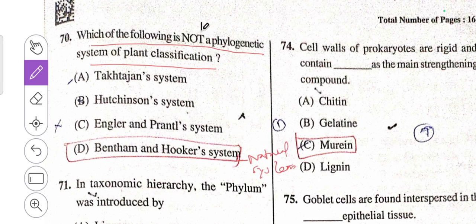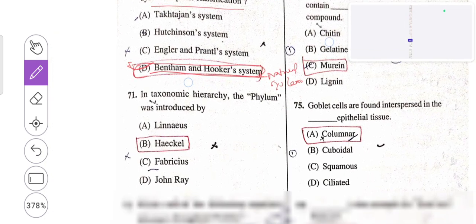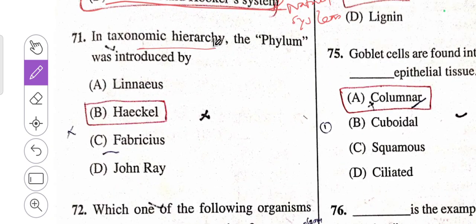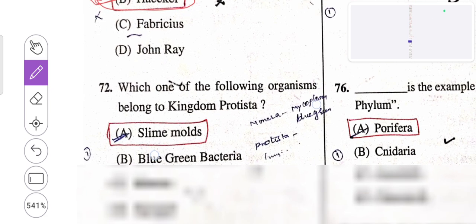So they are asking not, so D is the right answer. Then 71 question. In taxonomic hierarchy, phylum was introduced by a scientist, that is Ernst Haeckel. B is the right answer.